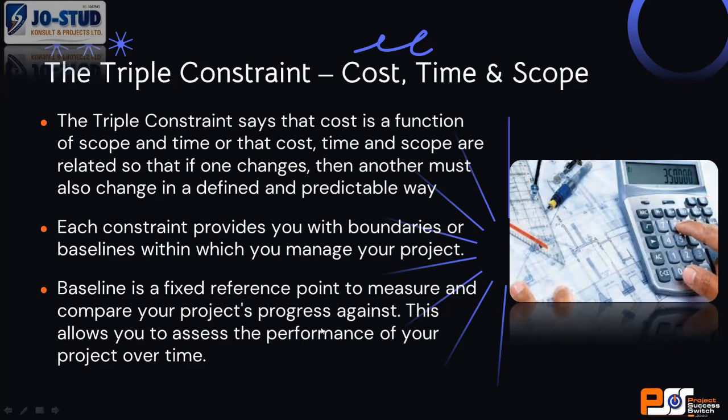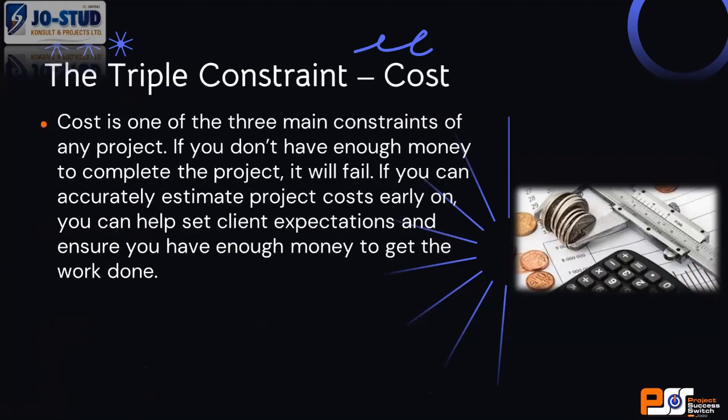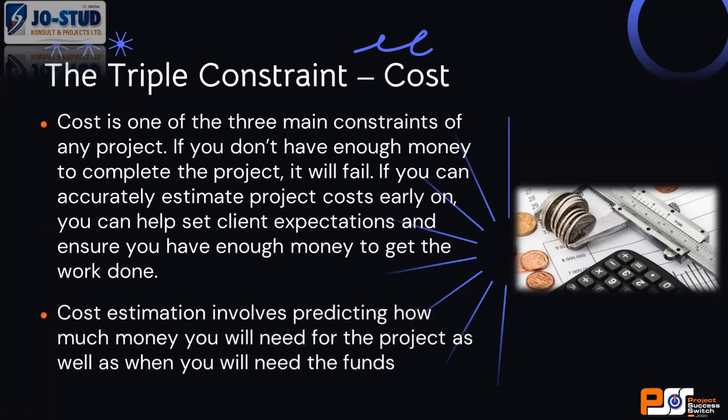So a baseline is not just your boundary within which you manage your project. It's also a reference point to measure and compare your project progress. It helps you to assess the performance of your project over time, right?